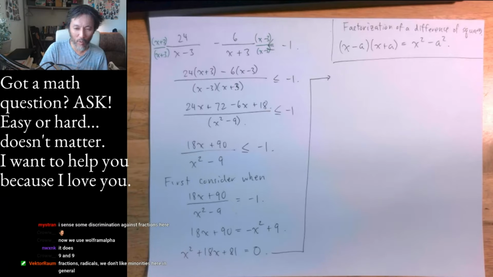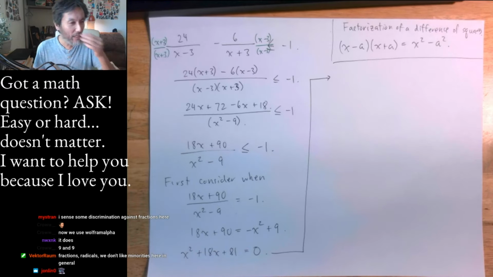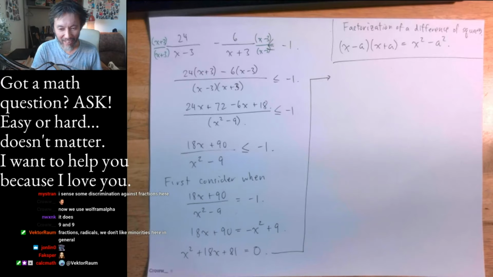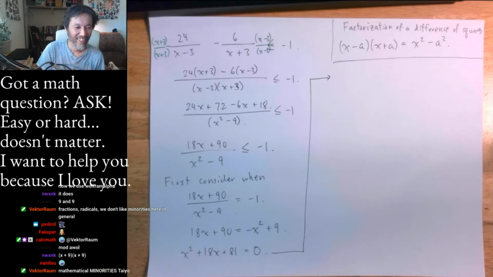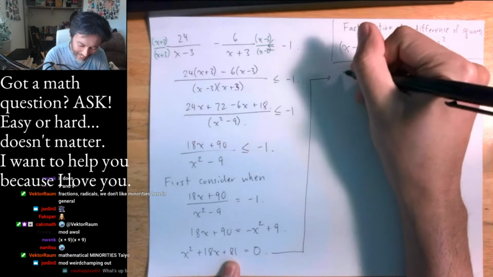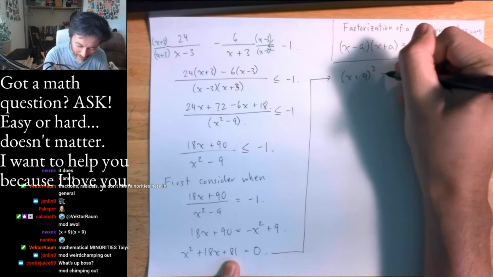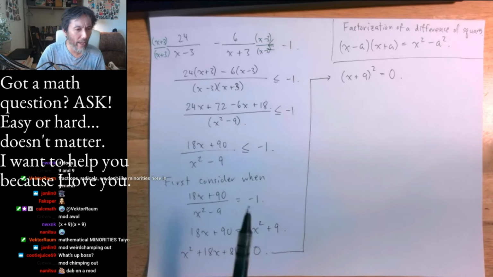So, x plus 9 squared equals 0. That's excellent. And so what does that mean about x?